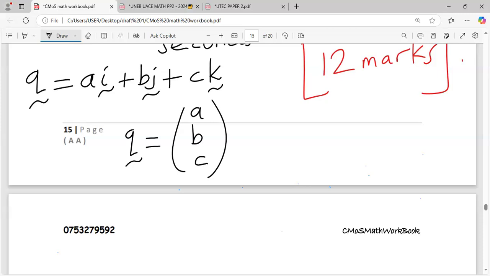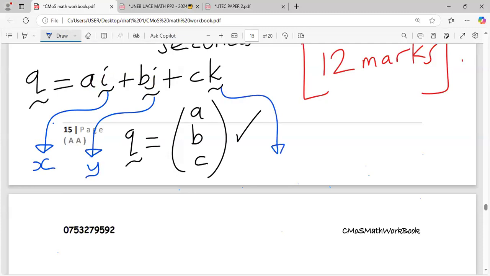Then that is it. So as I told you, this i represents the x-axis, then j is the unit vector representing the y-axis, then k is a unit vector representing the z-axis. So that's why I'm saying that shouldn't worry you.